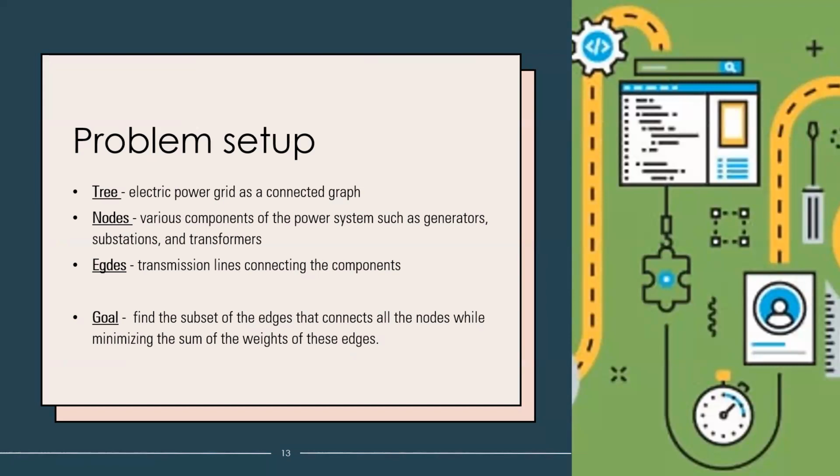We can imagine the electric power grid as a graph, or a tree, and various nodes within the tree are the various nodes within the power grid, such as generators, substations, and transformers. And the transmission lines that connect each of these components could be represented as edges. So our goal is to find a subset of edges that connects all the nodes while minimizing the sum of weights of these edges, which is nothing but a minimum spanning tree.